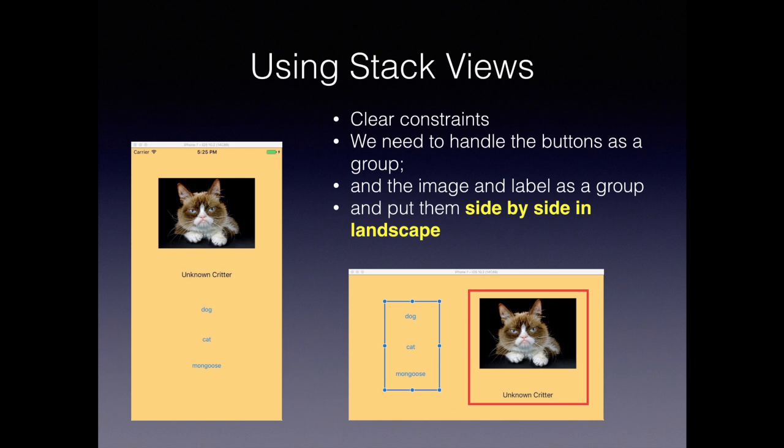And the power of the stack views comes from the fact that we only need to put constraints on the stack view because we've already worked out how the details of the contents of the stack are handled. So as you can see, the stack view for the buttons is the same in both portrait and landscape. So all we're doing is rearranging the stack.